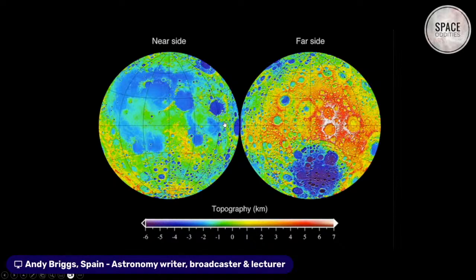We get to see a little bit of it when we can occasionally see a little bit of the far side of the moon. But as you can see, the near side is characterized by a lot of craters and quite mountainous terrain.